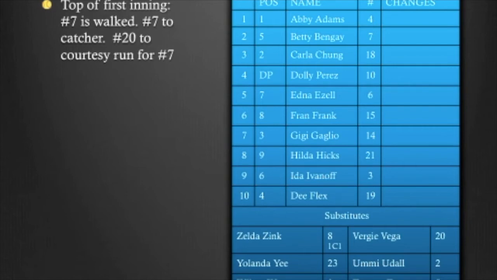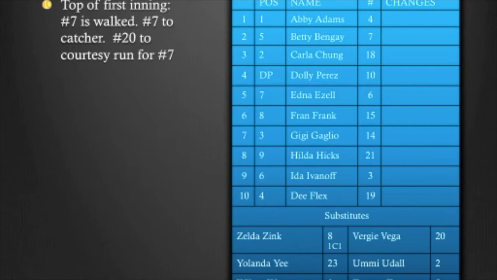What is the rule on courtesy runners for the top of the first inning, for the catcher and pitcher? They are the people of record, right? Thereafter, they're the people who physically occupied that position, right? First inning only is people of record.